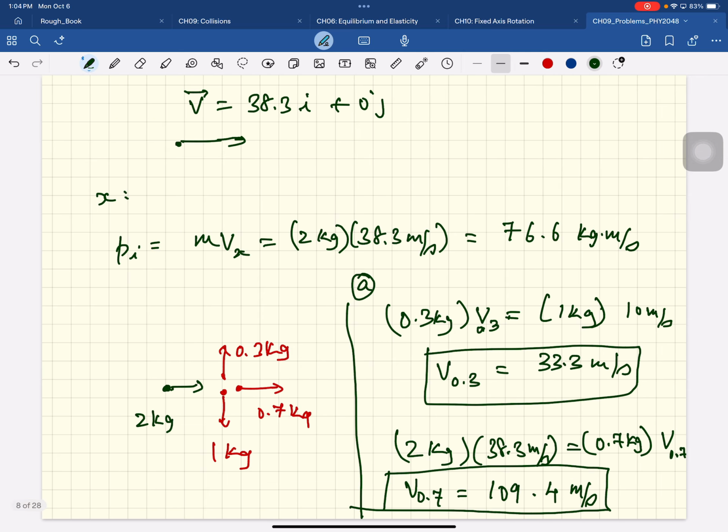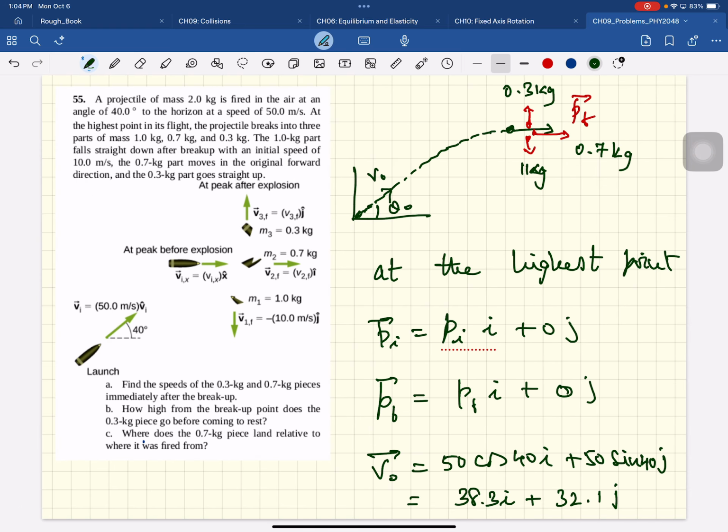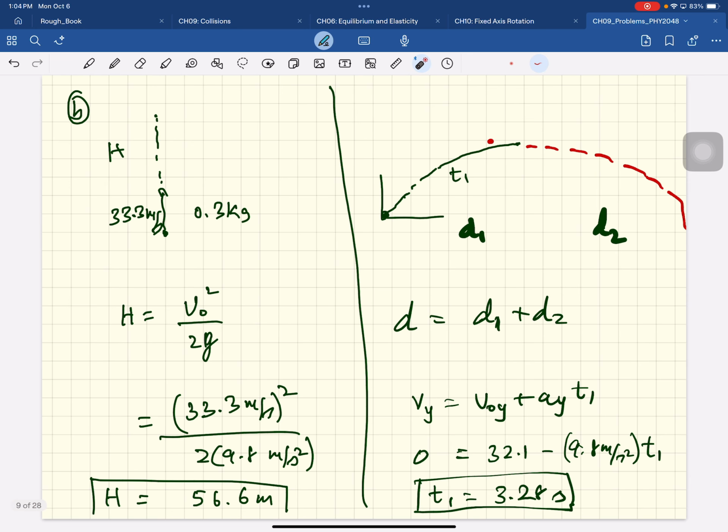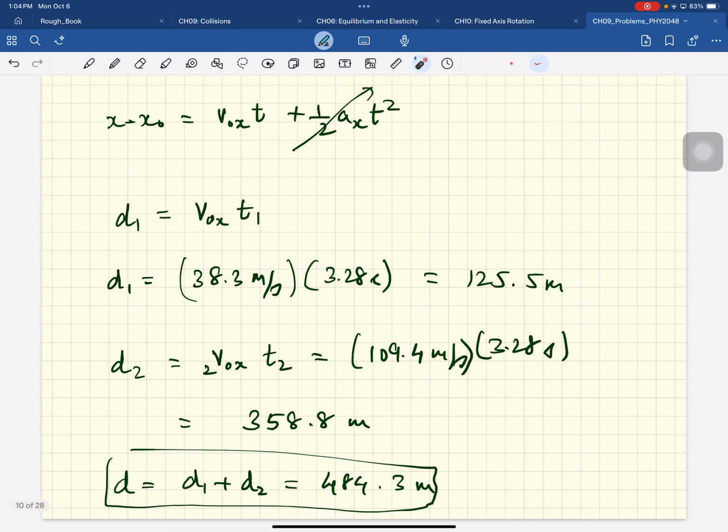See, it was launched at 50 meters per second. That's 120 miles an hour. Okay. And actually, it'll go up half a kilometer, almost from here to Mainland High School.